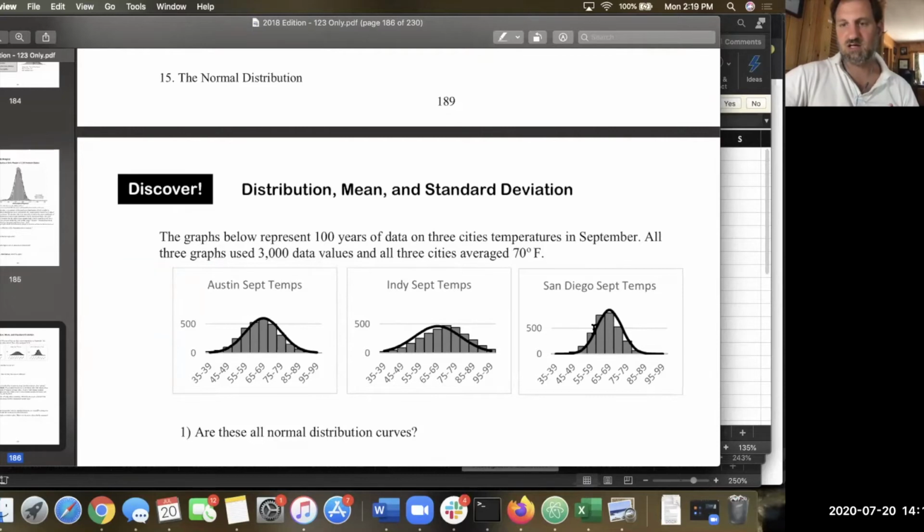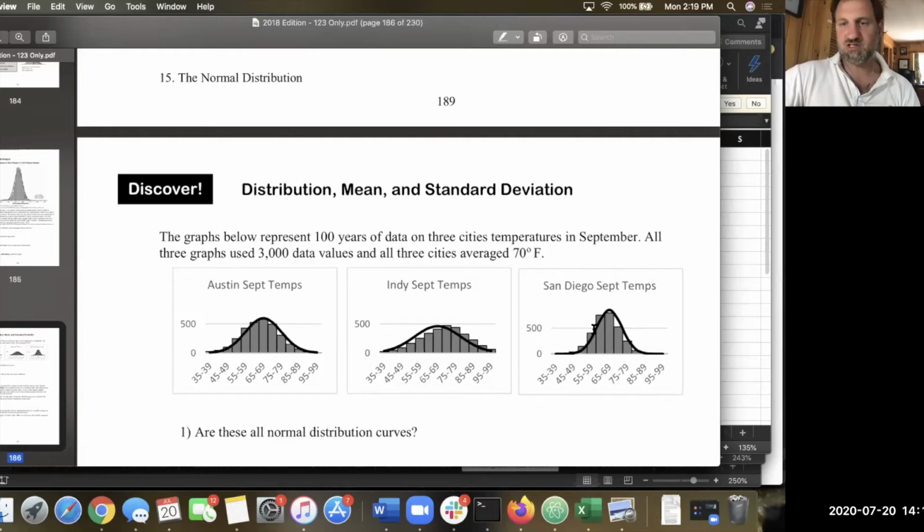You got Indianapolis, you got San Diego, you got Austin. Now, they're claiming that all 3 cities have the same average. I think, in fact, there's a little more variation than they're showing, but the point is that they're all similar averages. But the variation is very different, which is a very different experience in the cities.